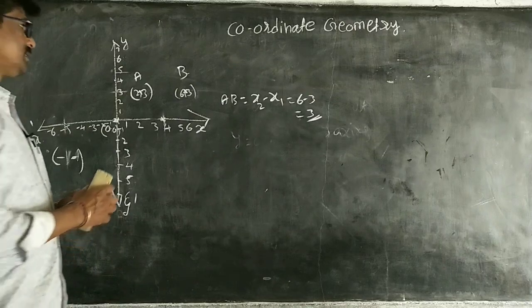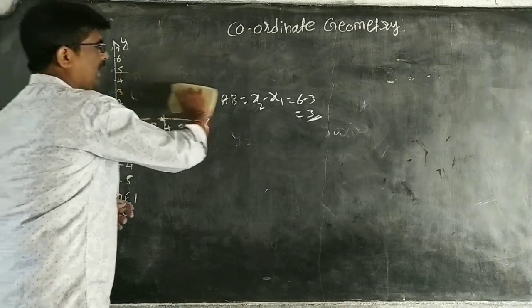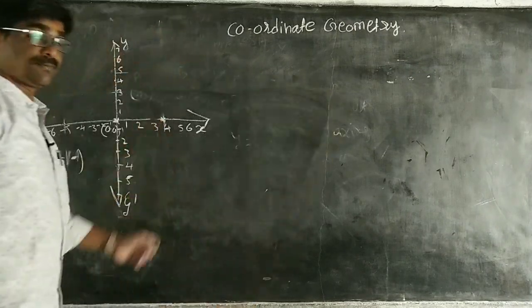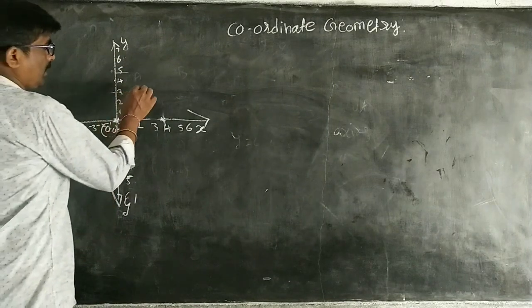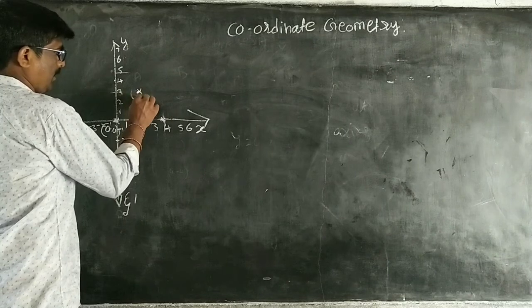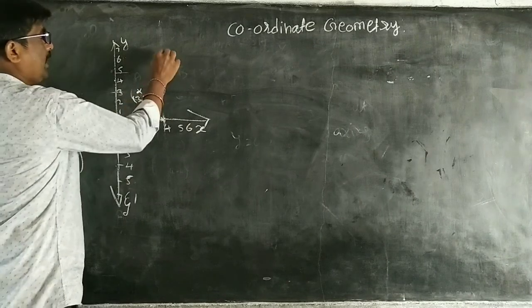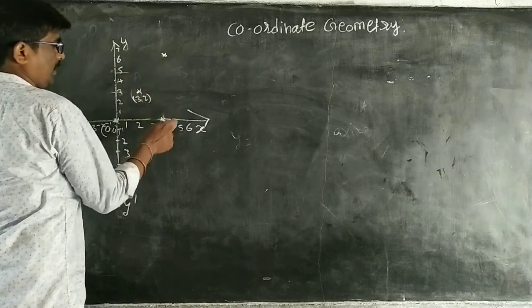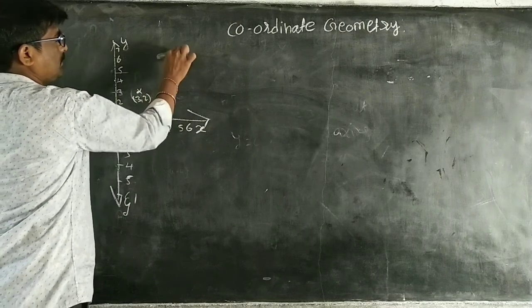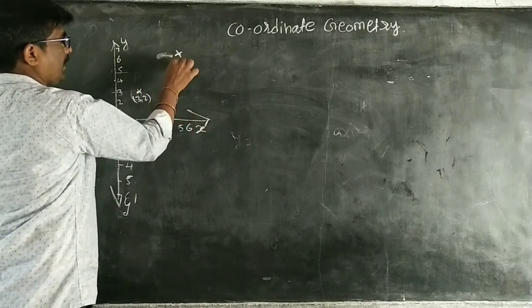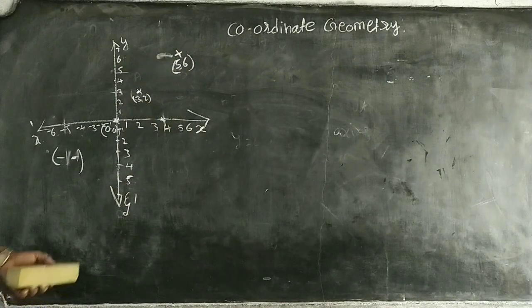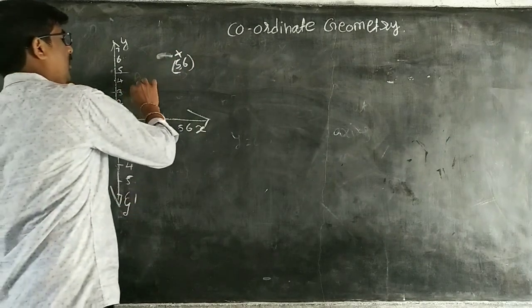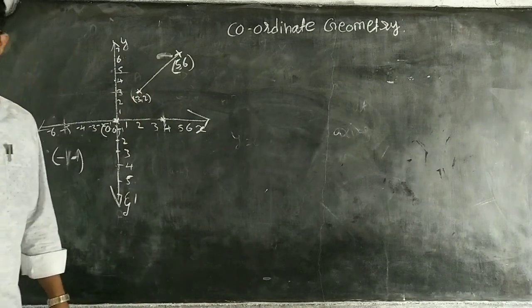Okay? Right. Similarly, if I take any 2 points in this plane, we have to find the distance. For example, here I am taking 3, 2. Here I am taking x coordinate 5, y coordinate 6. In that case, how do we find this distance?